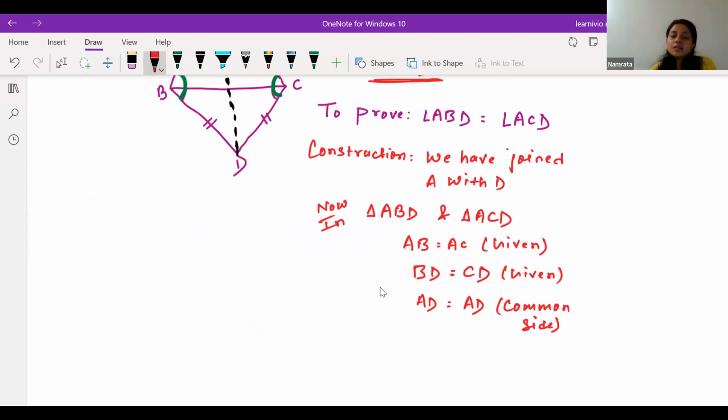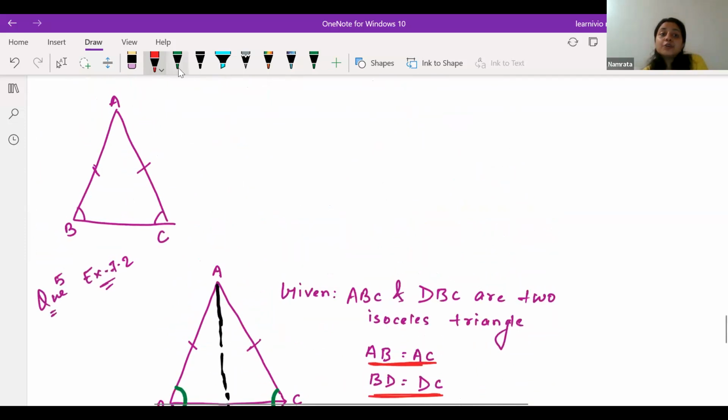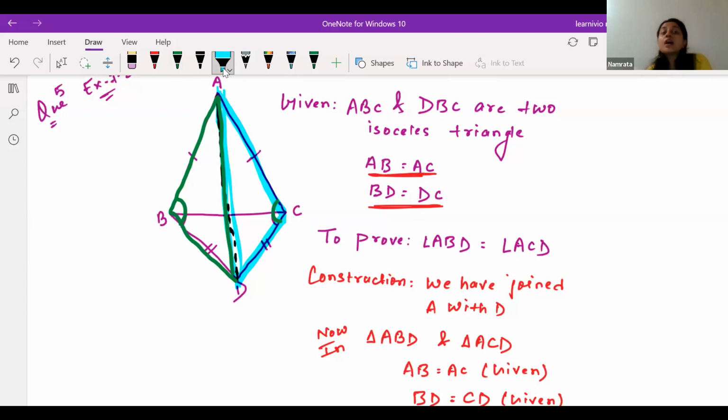Now we can see AB, BD, AD. Let's mark it. What I said to you, we have two triangles over here. Which two triangles? I am talking about this triangle and this triangle. These are the two triangles which we have taken.